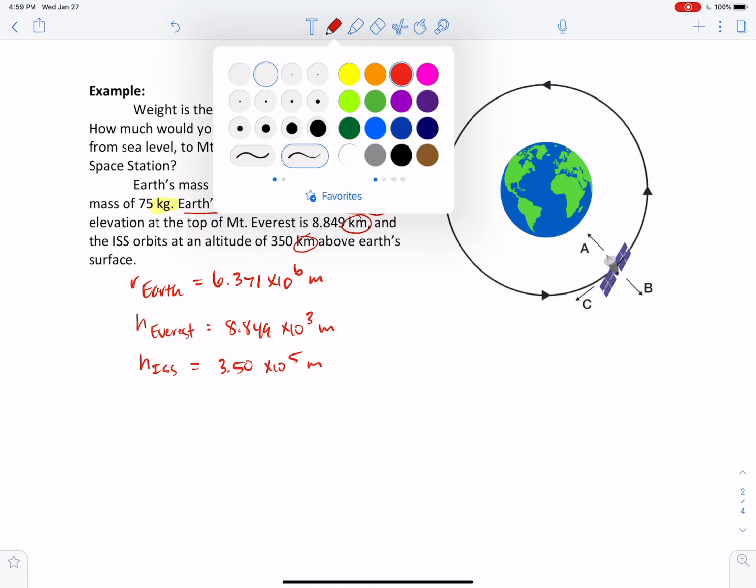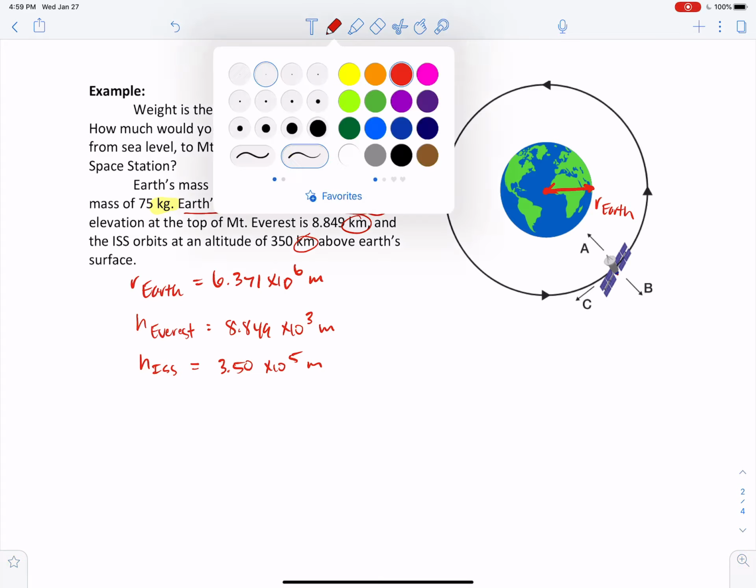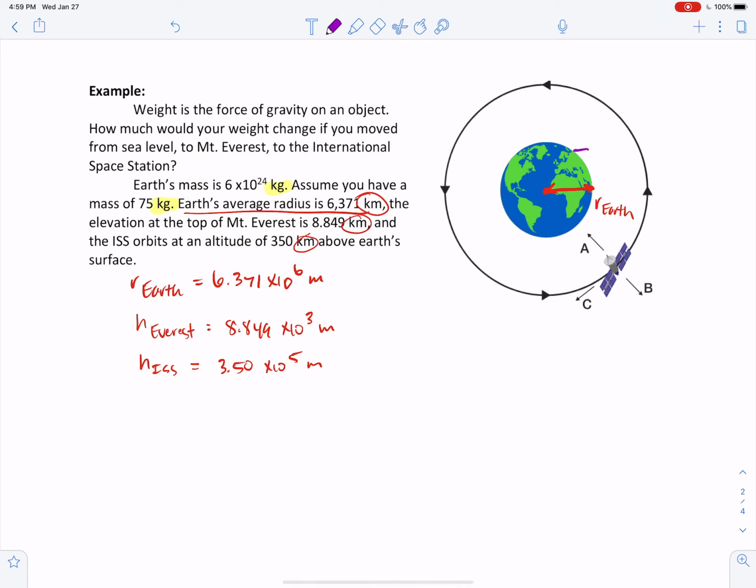And then let's draw some of these out. So here's the radius of Earth, right? We're going from here to here. That's our Earth. And then the height of Everest, so we've got to imagine that we have a mountain over here. Here's snow on top. And we're looking at just the height. So that would be from here to here.